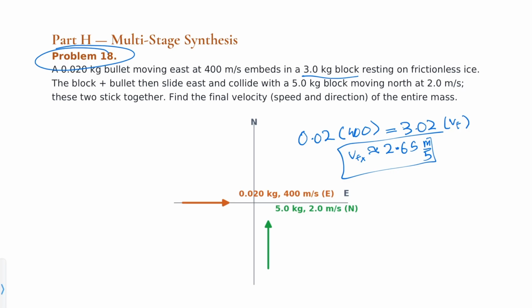And then they hit another block, a 5 kg block, moving north at 2 meters per second. So that's good, right? And then what's going to happen here is they're going to combine and move like this. How are we going to find this velocity here?